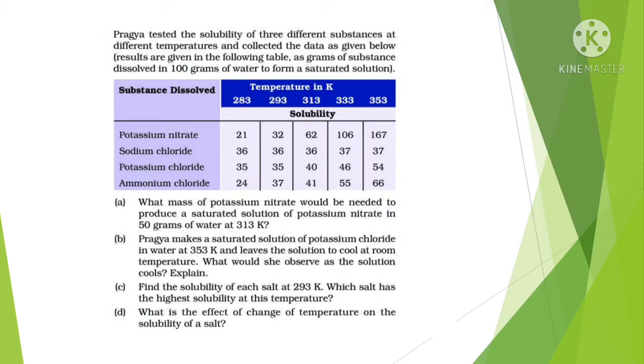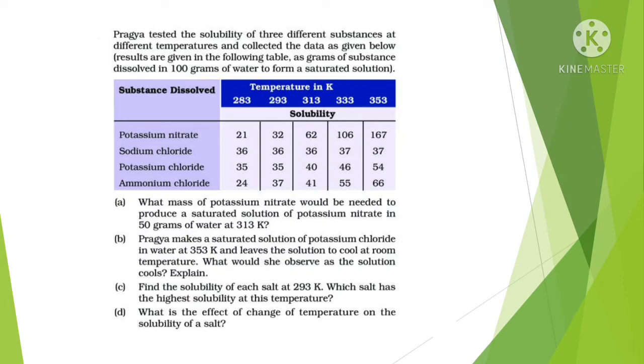We will look in the table at how much potassium nitrate is soluble at 313 Kelvin, or we can say the solubility of potassium nitrate at 313 Kelvin. It is 62. So 62 grams of potassium nitrate can be dissolved in 100 grams of water at 313 Kelvin.